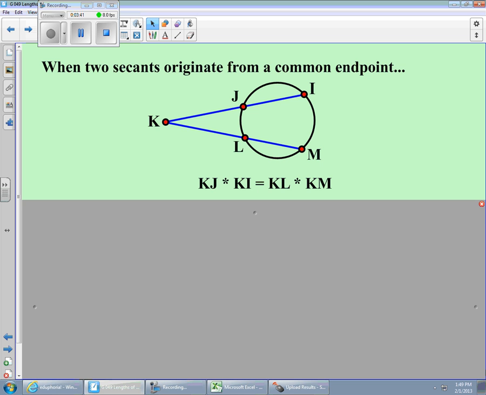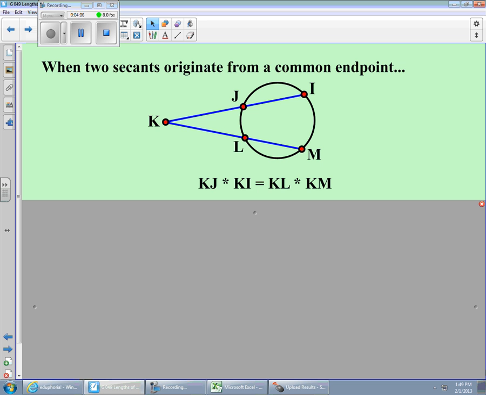In each of these secant cases, like the top one, the formula starts off with the length from K to J. What is that? That is the length outside of the circle of that top secant. Then that will be multiplied by K to I, which is the entire length of that top secant. So again, outside times total.